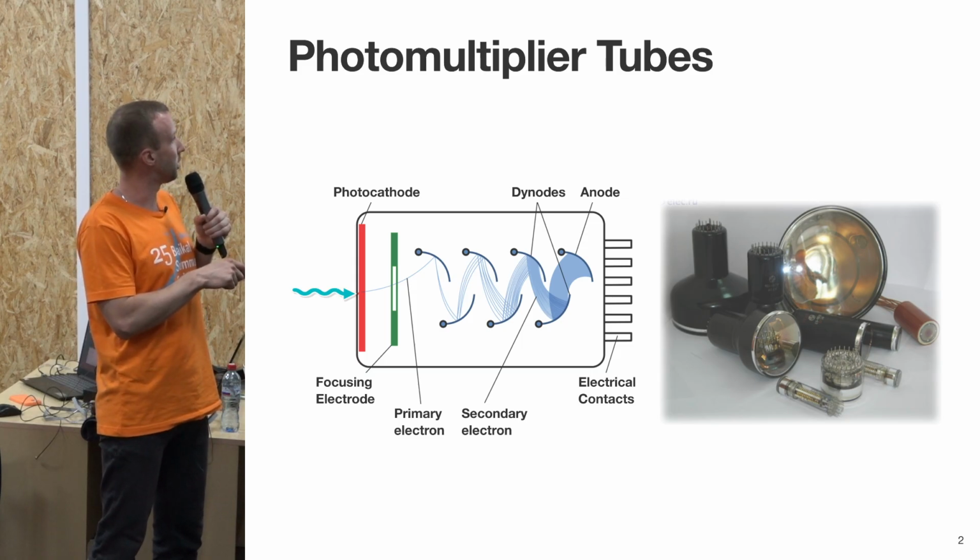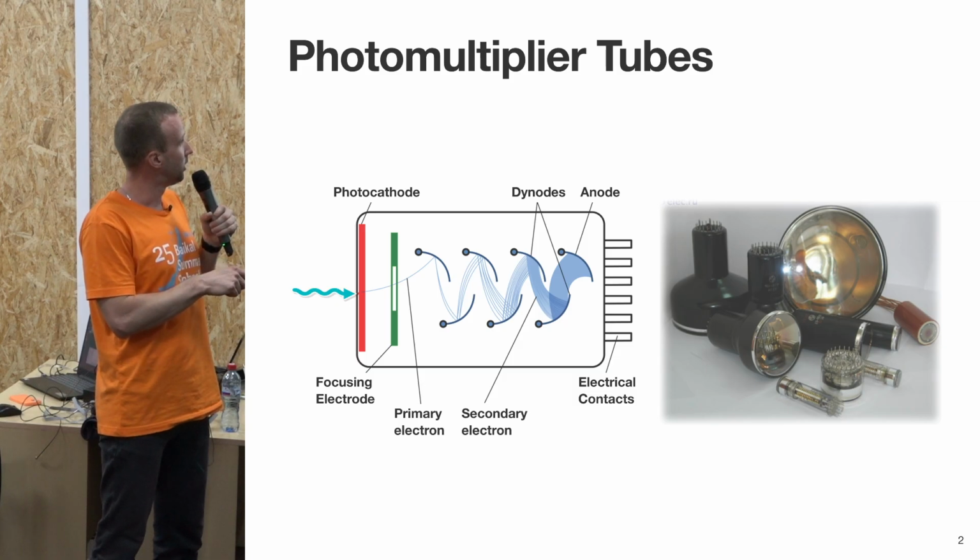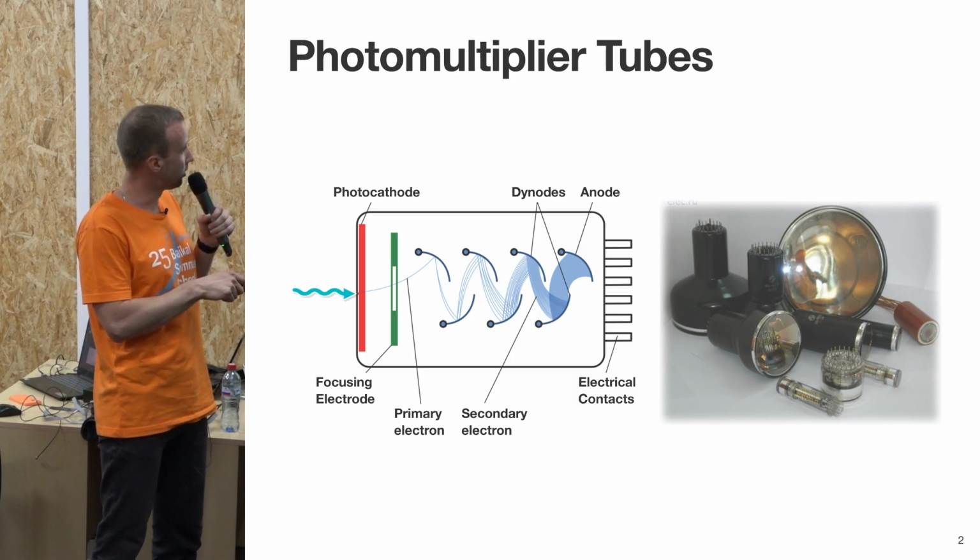So for instance, we have one electron on the photocathode. Here we have, let's say, 10 secondary electrons. Then we have 100 on the second dynode, and so on.